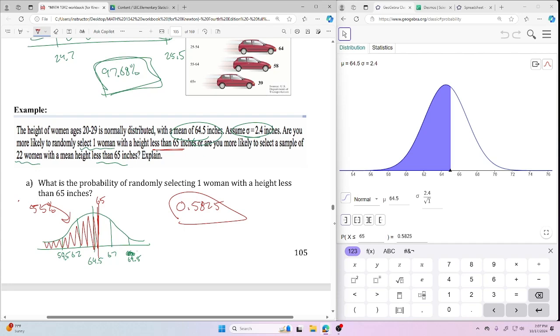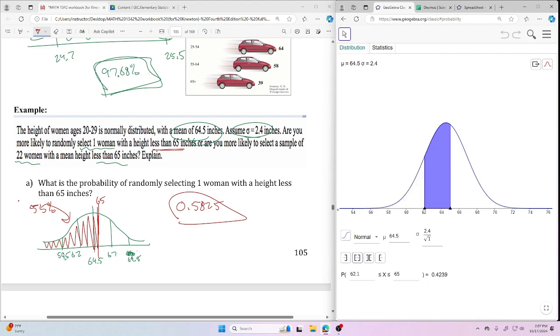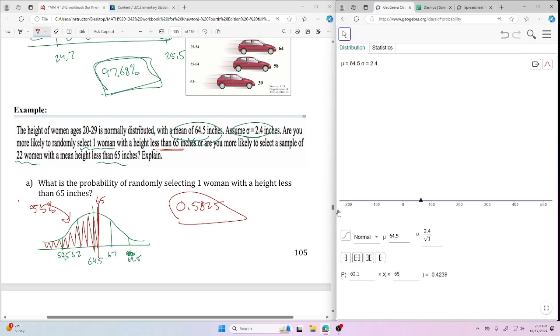Yep. Good question. This is between two numbers, and then this is outside of those two numbers. And it is kind of interactive. You could just like, oh, whoa, I don't know what I just did. Never mind. It's not interactive. Don't do that again.